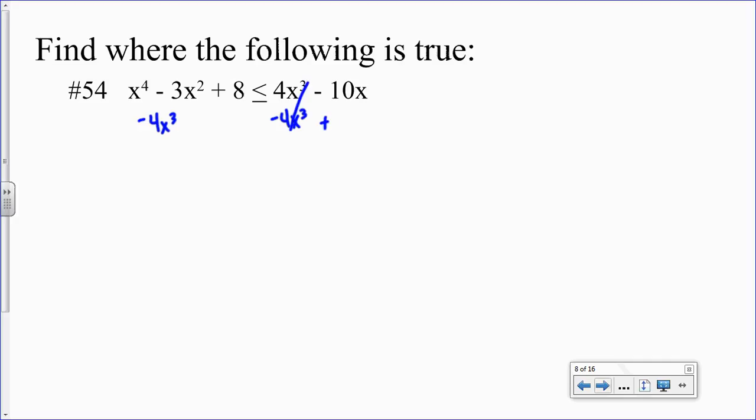And then I'm going to add 10x, so I'll put that here between x squared and 8. All right. Oh, and there's a minus. I missed the 3x squared. Thank you.